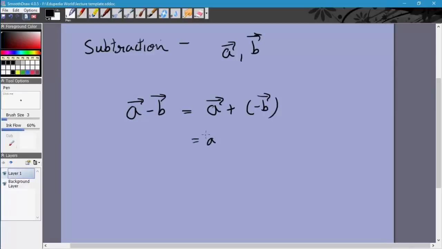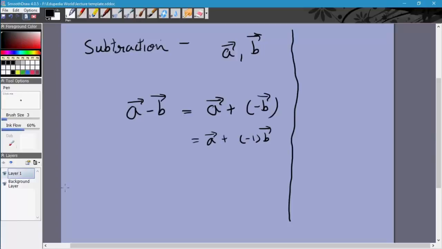And that, if you want to make it even more explicit, can be written as a plus minus 1 times b. So if you want to subtract two vectors, simply multiply the second vector by -1, that is scalar multiplication. And once you have the vector minus b, you add it to a, that is addition. So subtraction is not really anything new, it is just a combination of addition and scalar multiplication.